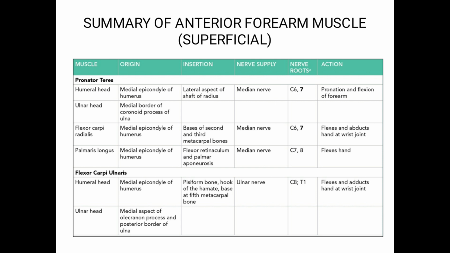Okay, so let's look at the summary. Now, when we talk of the nerve supply, okay, for the superficial anterior forearm, all of them are median nerve, except the flexor carpi ulnaris, which is supplied by the ulnar nerve.